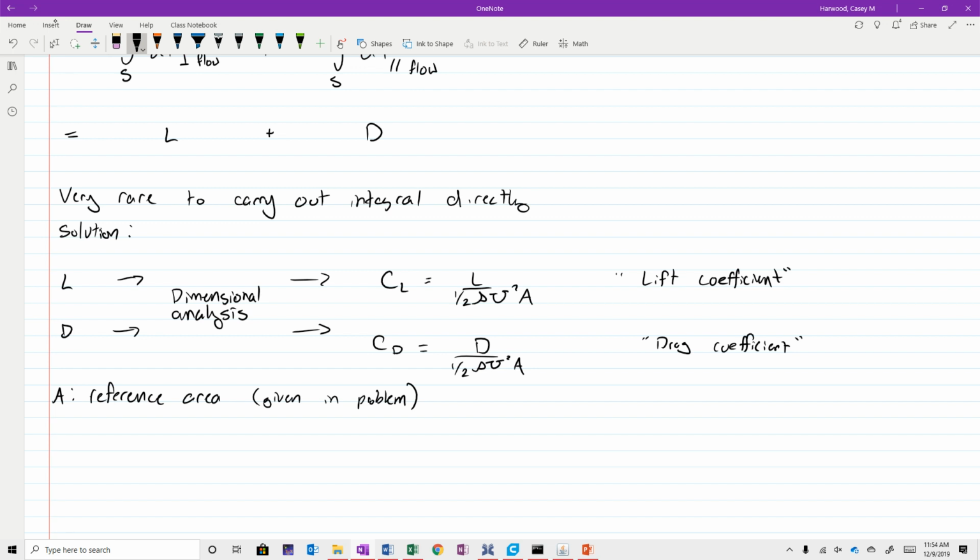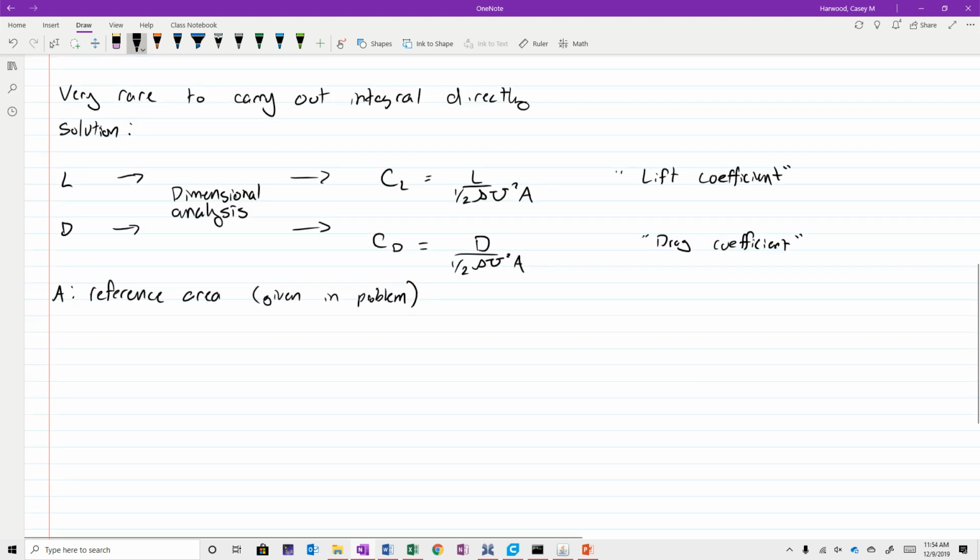And like I said, that will be specified. So we've got CL and CD, and these values are typically had from either extensive tabulations, lists, tables, simplified theory, which isn't really our thing in this class, or numerical simulations.